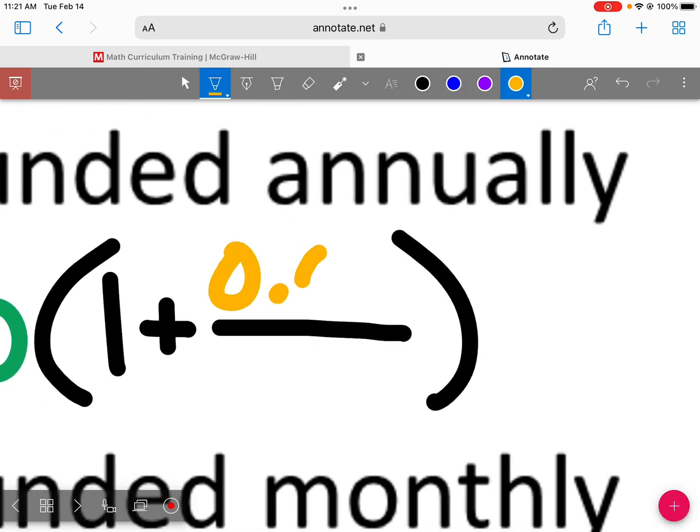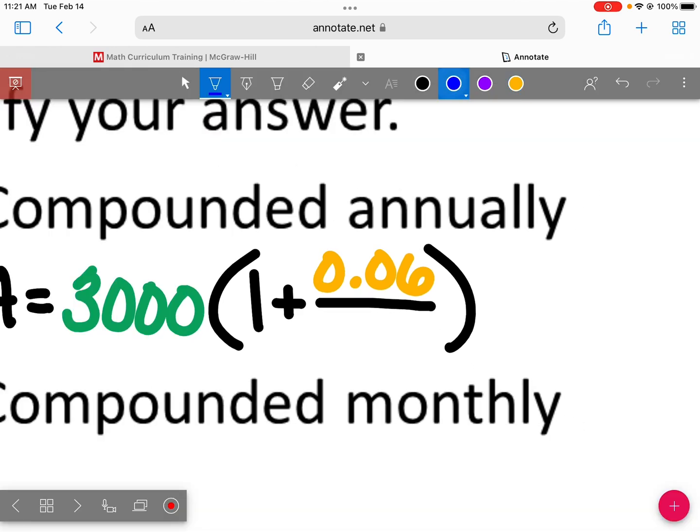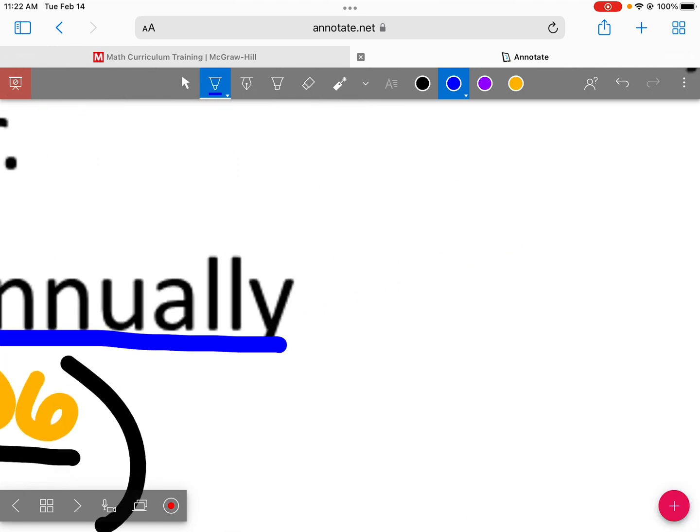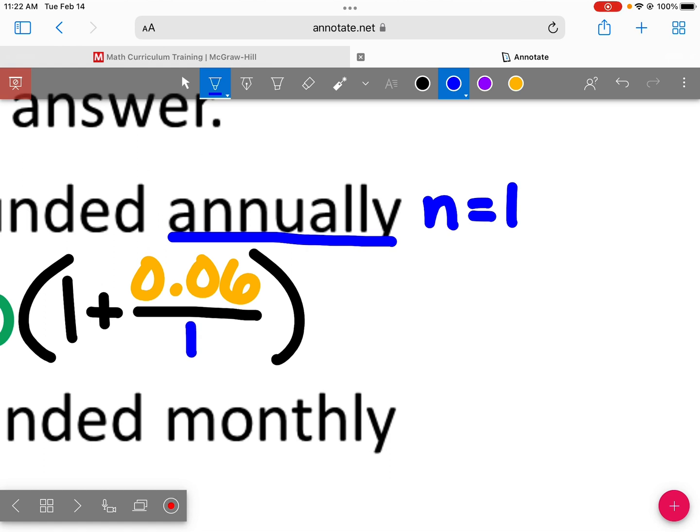So 0.06. What would I put on the bottom of the fraction? The n value. How do I find the n value? Annually, yes. We look for an ly word to know what to use for n. N is equal to 1. So I have a 1 down here.